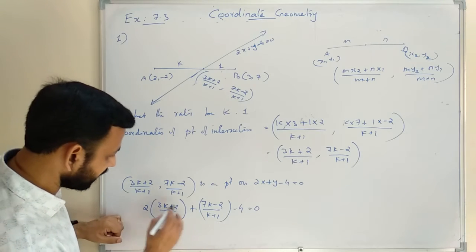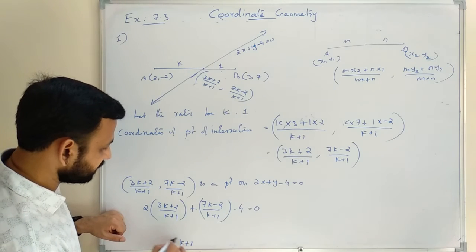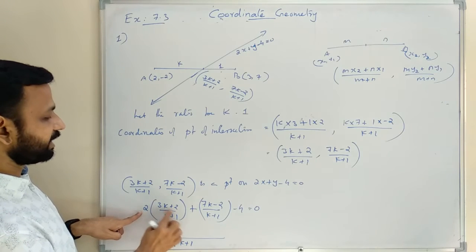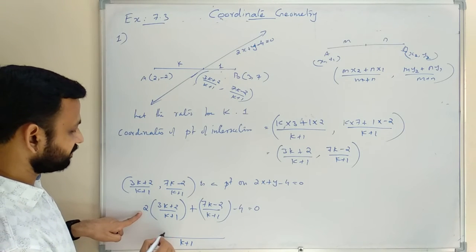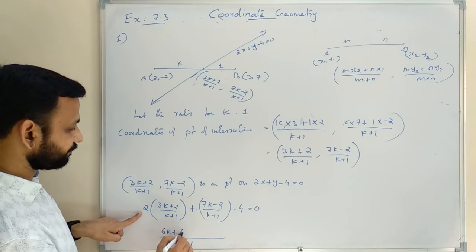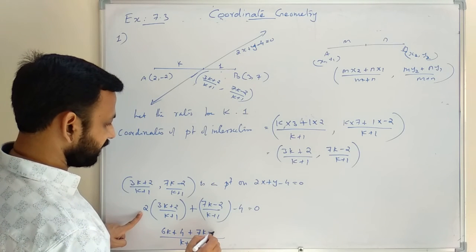So we can find the LCM. k plus 1 is the denominator, and in the numerator we multiply by 2: 2 into 3, that is 6k, plus 2 into 2, that is 4, plus 7k minus 2.